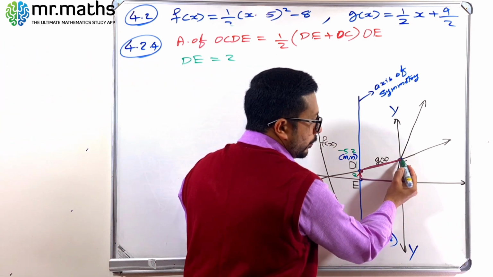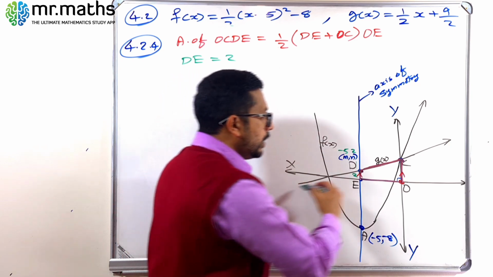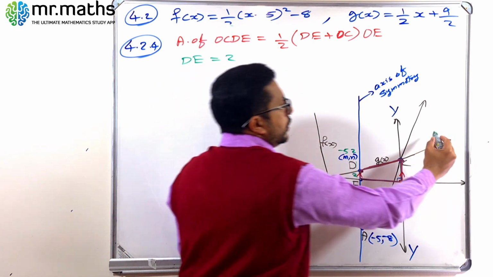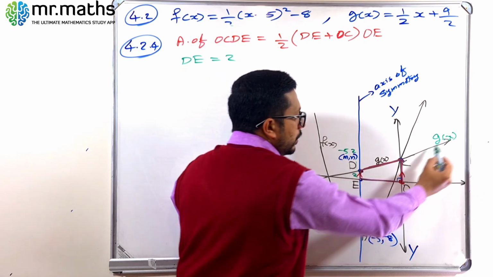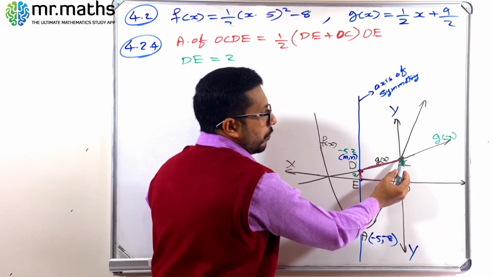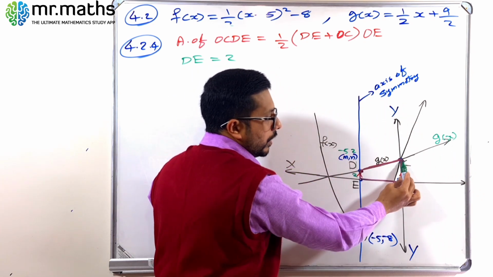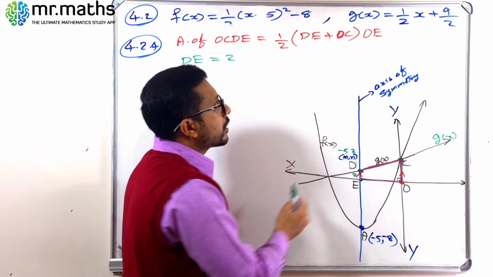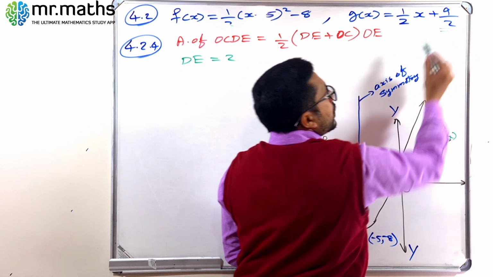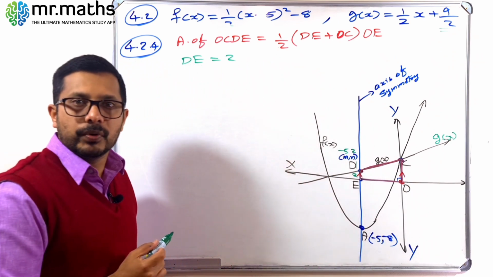This point C is the y-intercept of this g of x. This is the g of x graph. This is the y-axis, the y-intercept of g of x. So what is the y-intercept of g of x? 9 over 2.